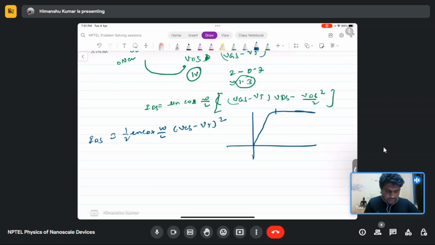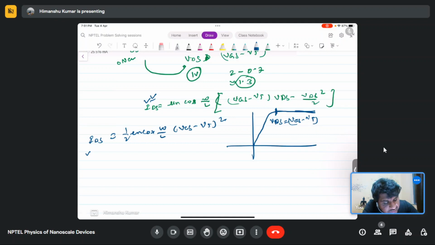You can apply this formula also. Just note that pinch-off occurs when VDS equals VGS minus Vt, and after this the current is constant.